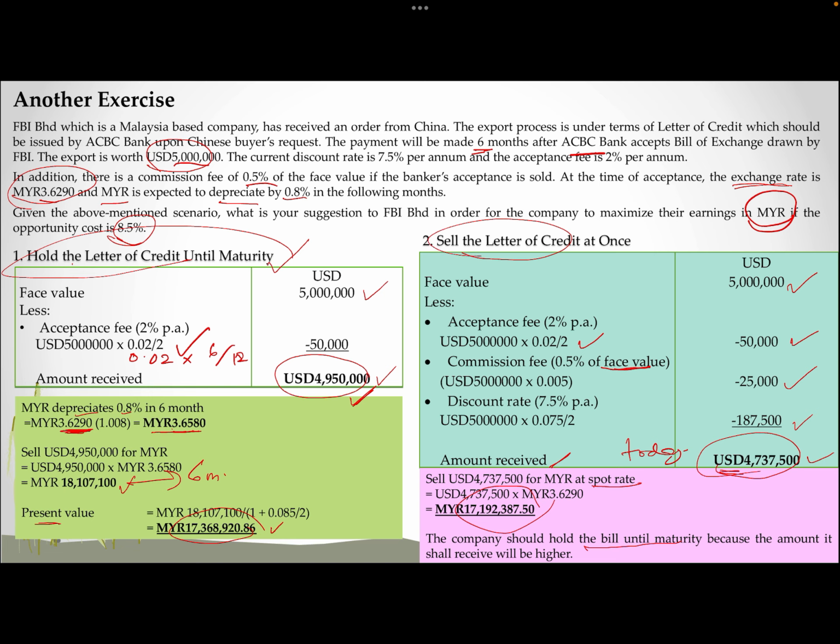Okay, tidak semestinya you have to choose until maturity. If the value for the seller selling the letter at once is bigger than holding until maturity, then you just choose this one. Whatever it is, you have to choose the biggest value.